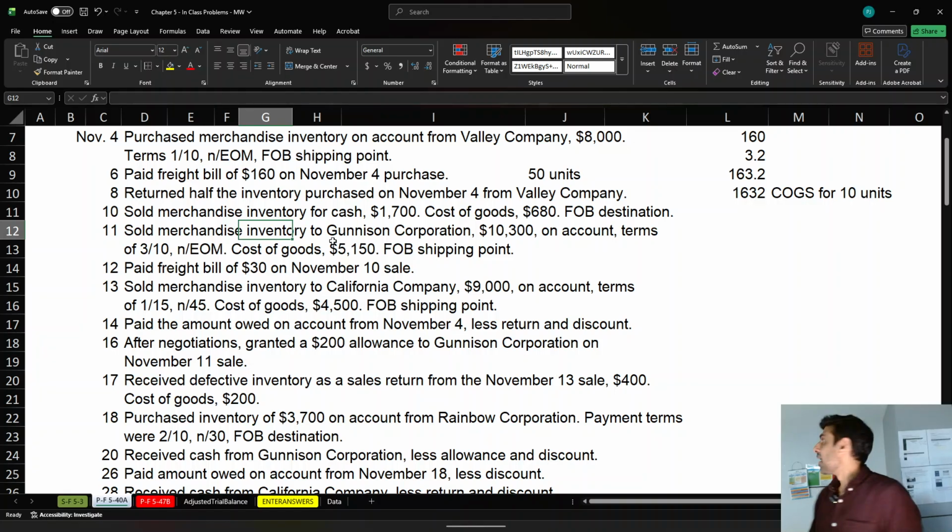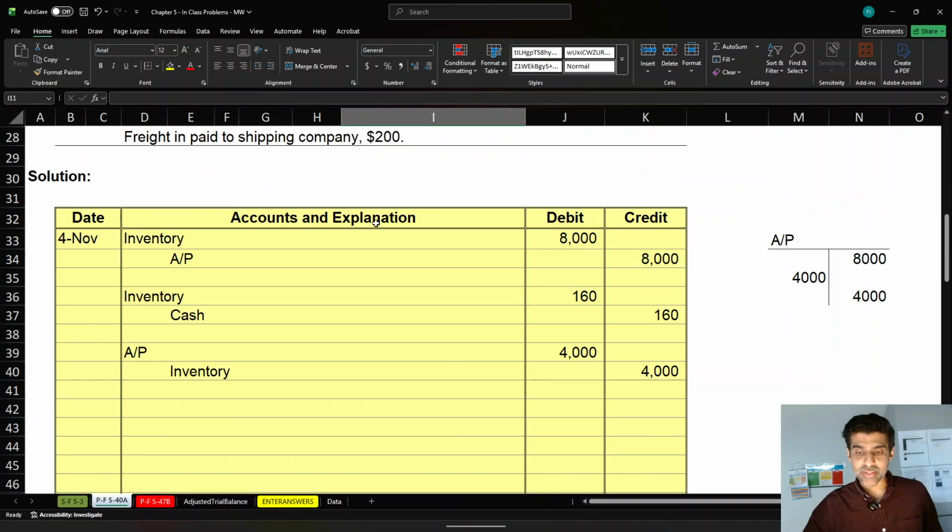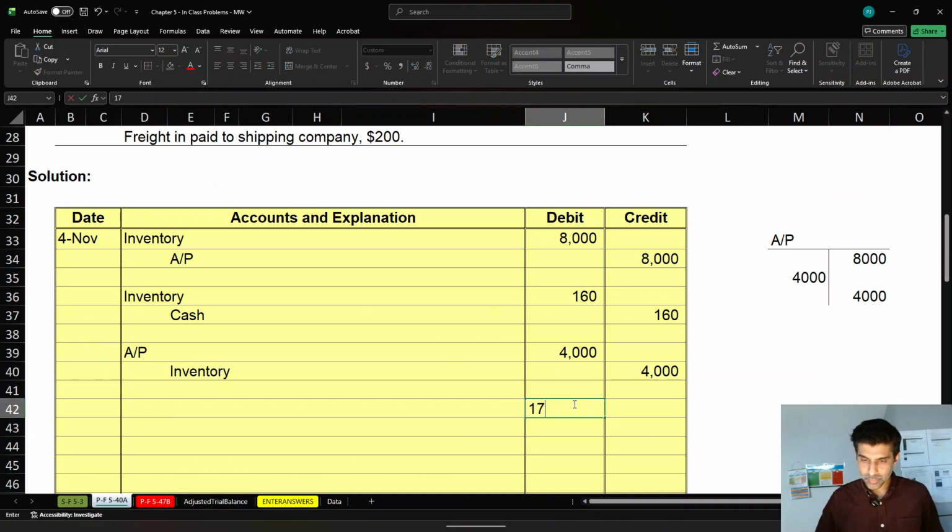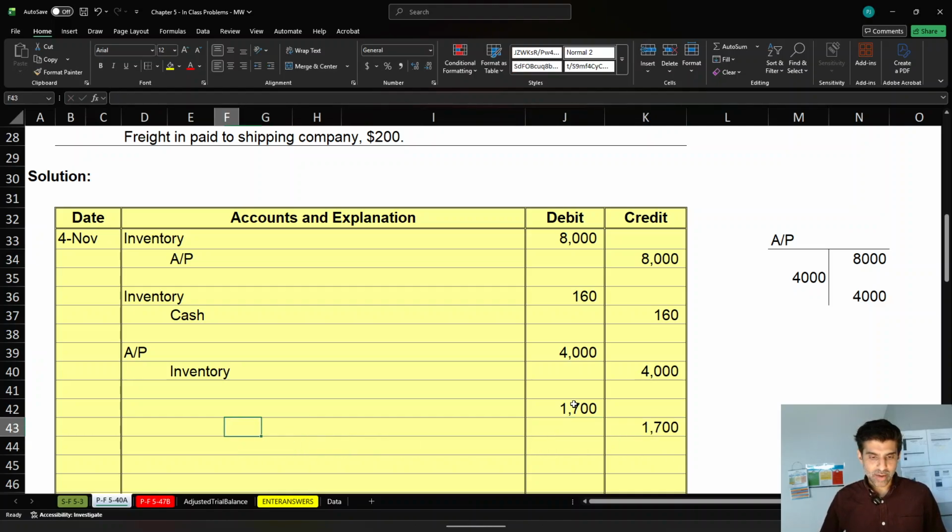Okay, so again, for every sales transaction, how many journal entries are there? 3? Okay, 2. Exactly. One for the revenue, one for the cost of goods sold. So it's telling us our revenue. The revenue part of it is 1,700. This is how much our customer is paying us. So we're going to have some sales revenue, and in this case, they're paying us cash.